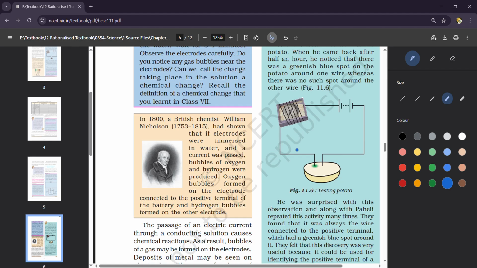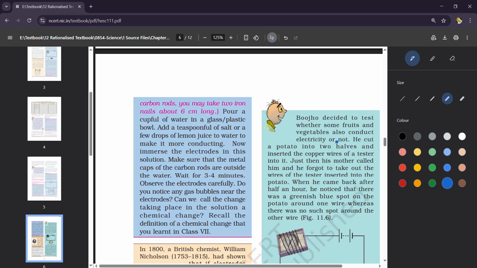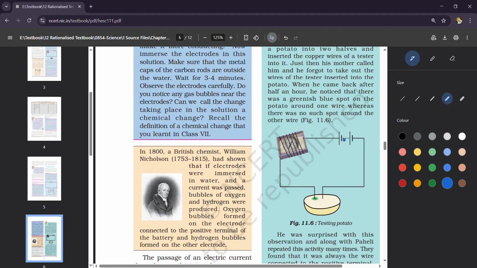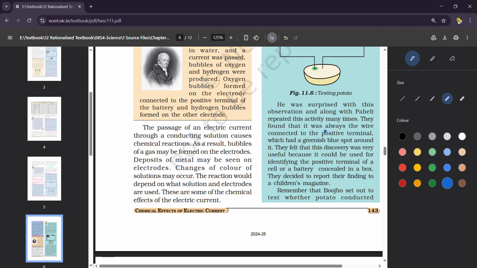Like in this potato, here Boojho decided to test some vegetable to see whether it conducts electricity or not, and he got to know that when he put wires into the potato and came back after half an hour, he noticed that a greenish blue spot had come just because of the electric current.